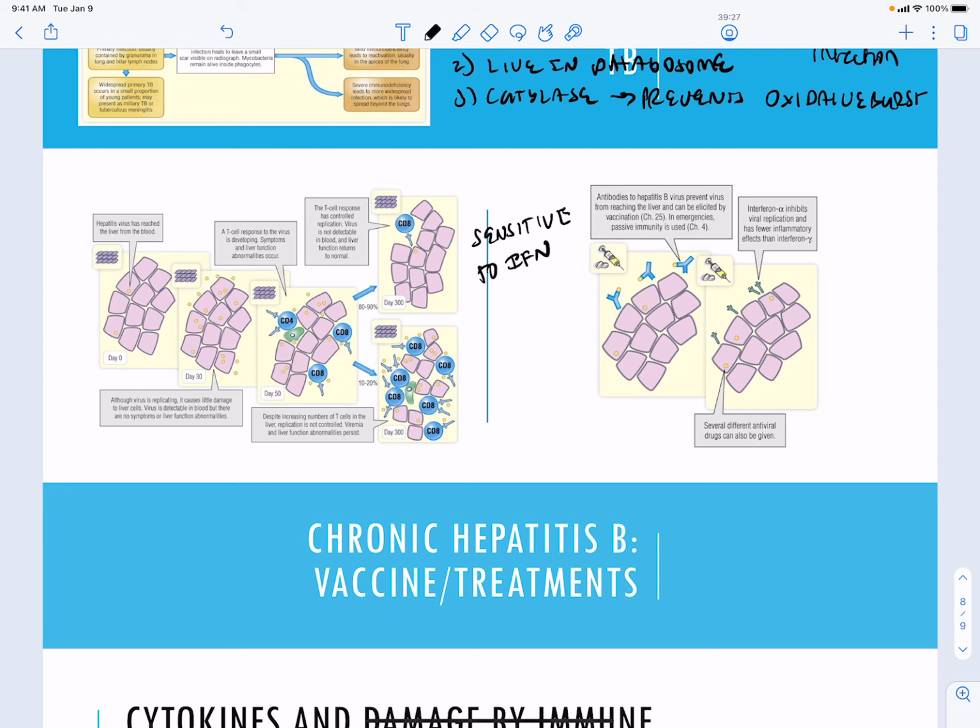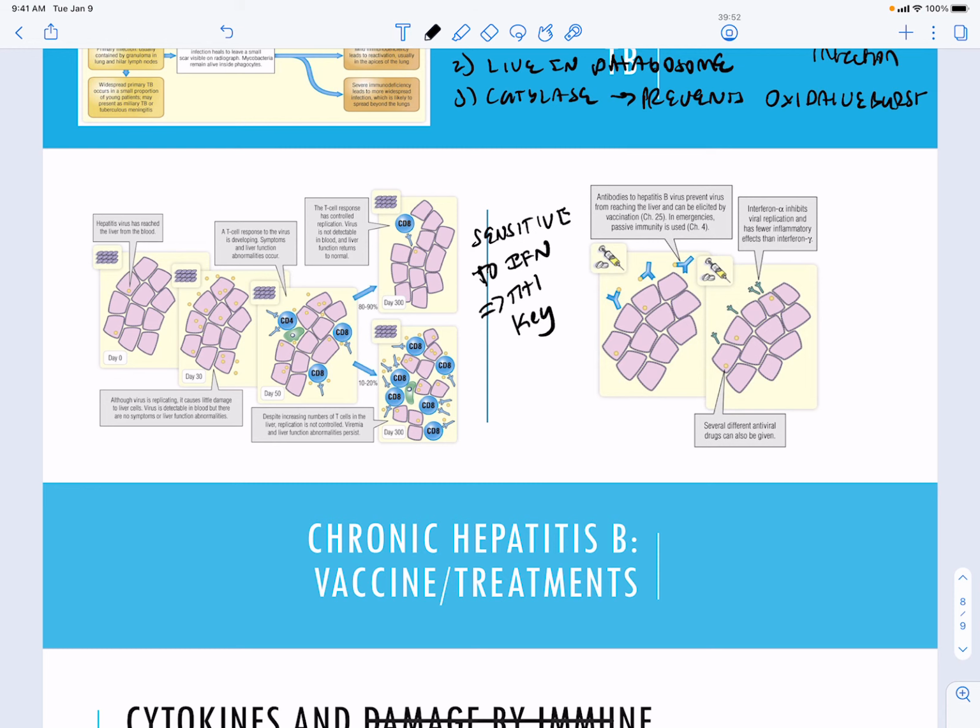Mycobacterium tuberculosis is not sensitive to interferon. So Th1 is key for our hepatitis B. Hepatitis B is a virus that's going to infect your actual hepatocytes.